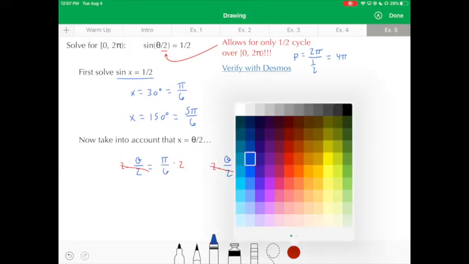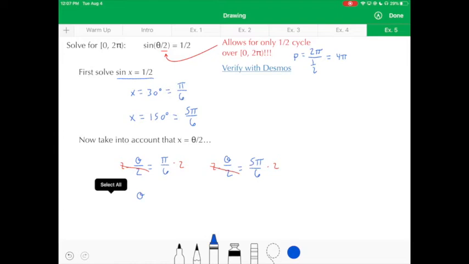And that's going to lead me to theta equaling pi over 3, or theta equaling 5 pi over 3. Now both of those are in the interval 0 to 2 pi, so I should be okay keeping those.